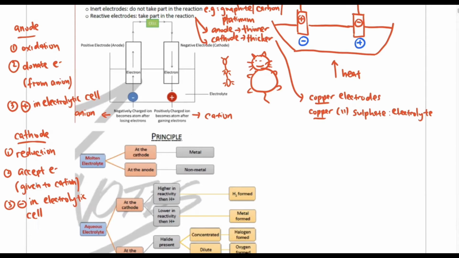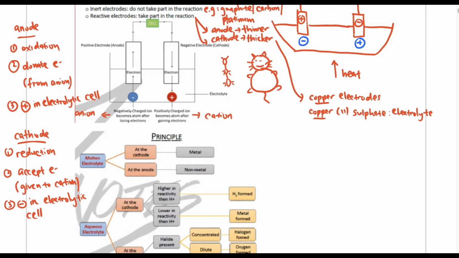Cathode is negative. So why did I have to say it in this way? Cathode is negative in electrolytic cell, basically because cathode can be positive in voltaic cell. So I need to make it clear. Positive in voltaic cell, that will come later.